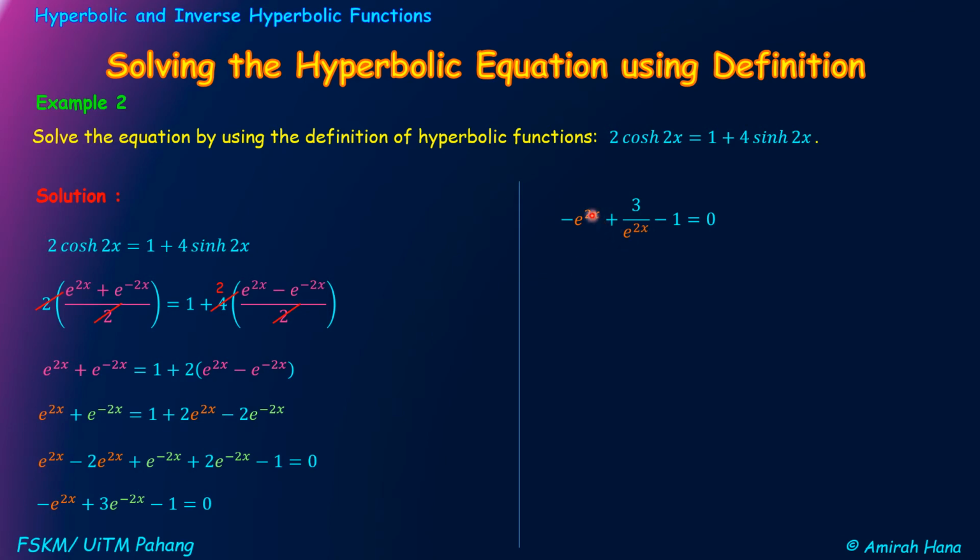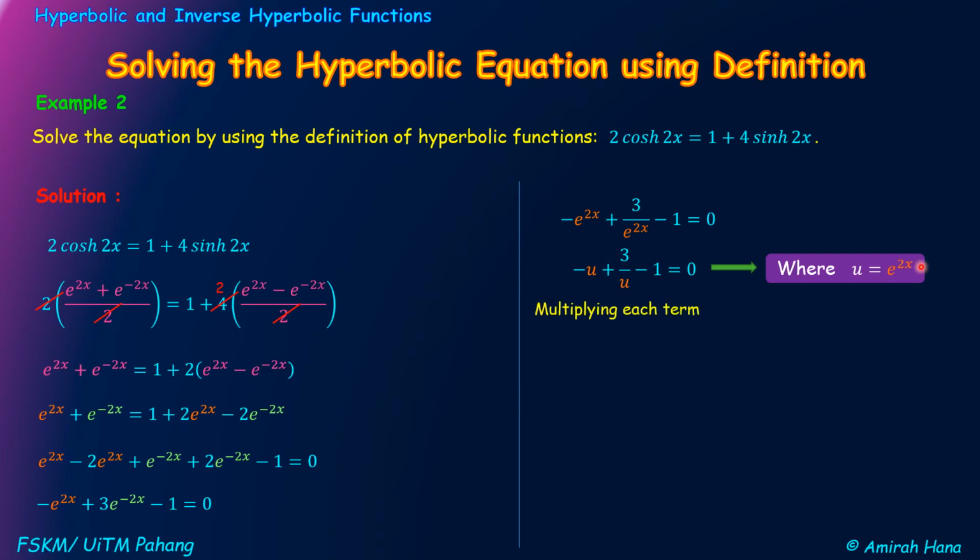Now we have the same term, so we can write negative u plus 3 over u minus 1 equals 0, where u equals e to the power of 2x.